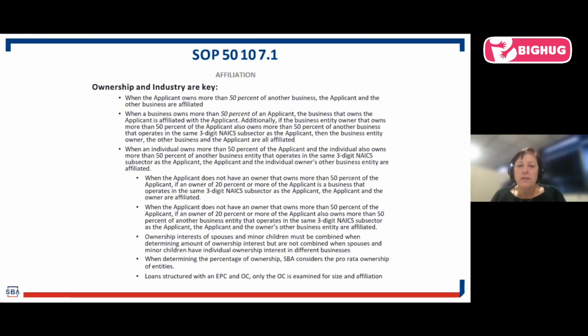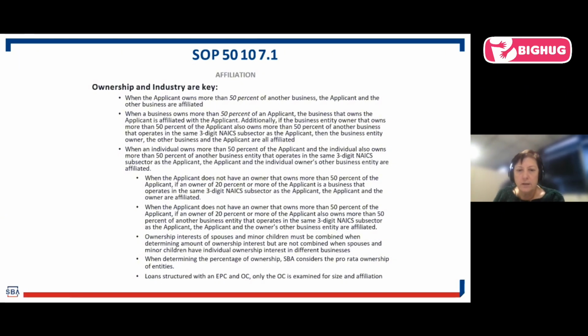All right, so this is really dry reading, okay, but I do always have to focus on what our standard operating procedures say, and our most recent one that's been issued is the SOP 50 10 7.1. That's the document that the lenders underwrite our SBA guarantees to, okay.